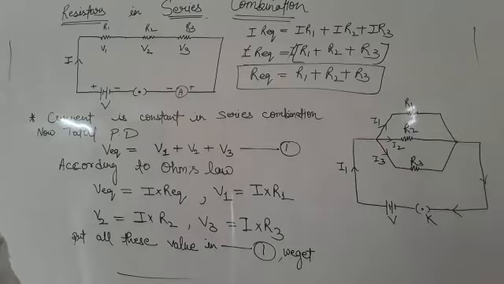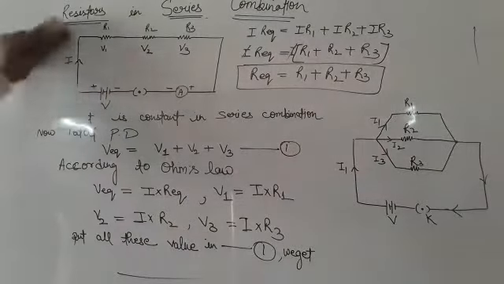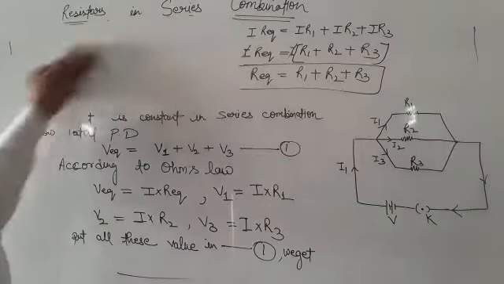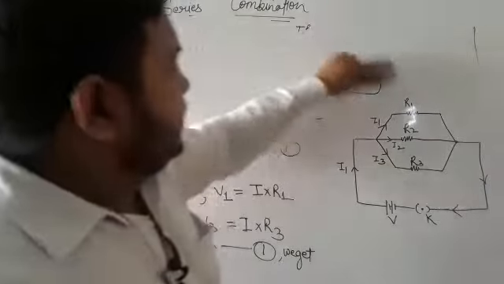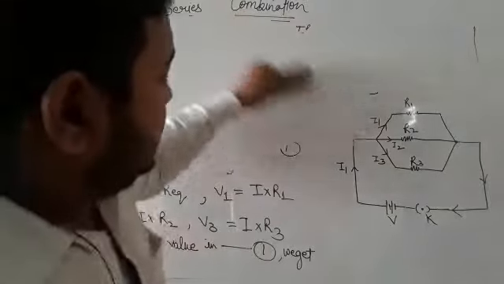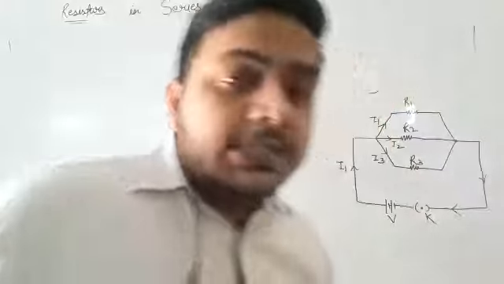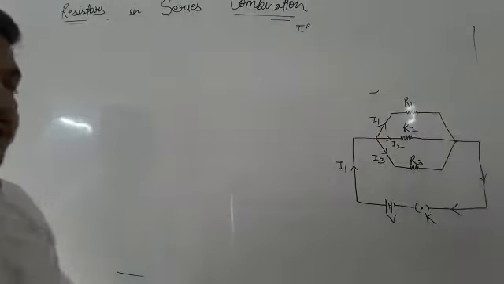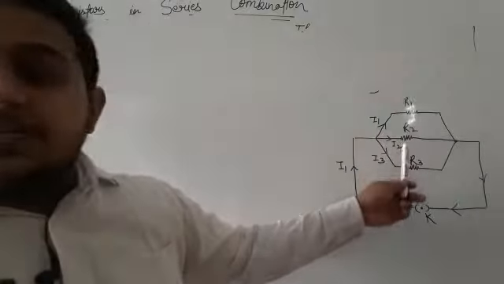Now for parallel combination, the circuit is made here. In parallel combination, the voltage is constant for each and every resistor, but the current varies for each resistance.